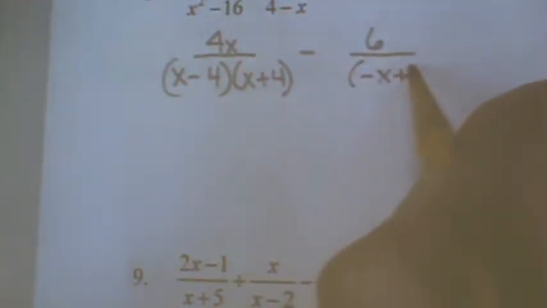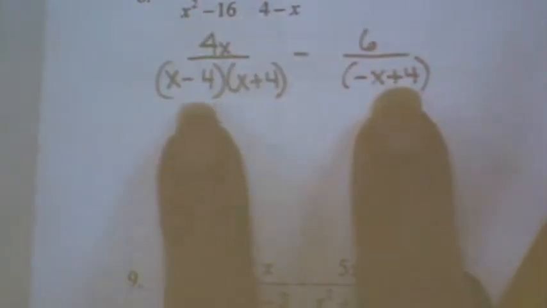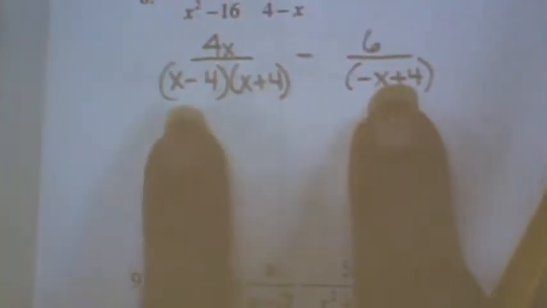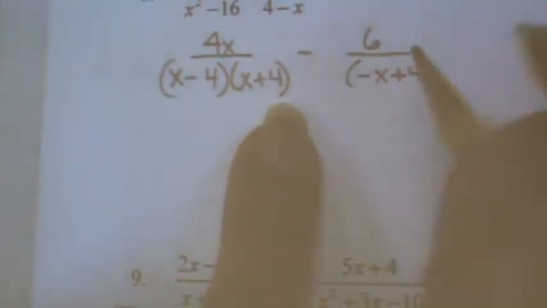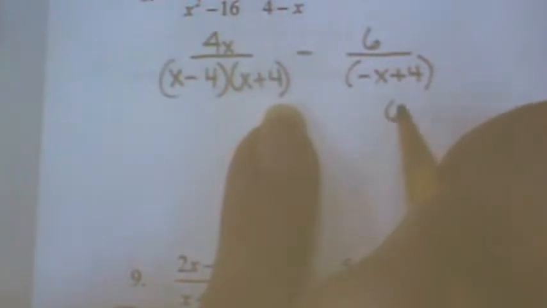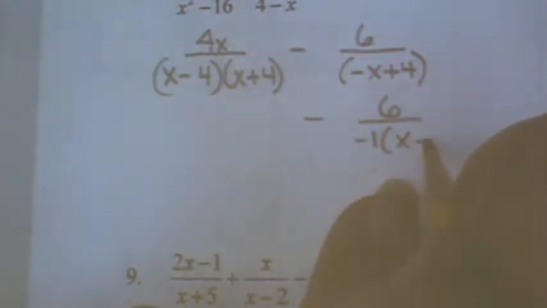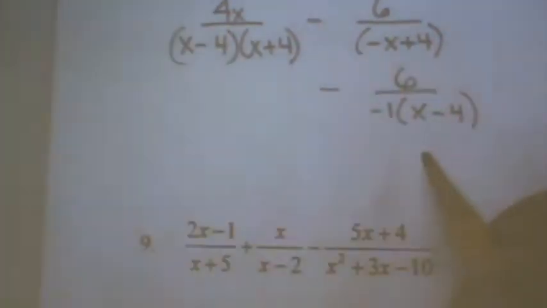Thank you, negative x plus 4. Now, I'm looking at this for a second, and I don't have this factor here or here. But I could do something to this. What could I do to this? I pull out a -1, and I have x minus 4. Check that out.